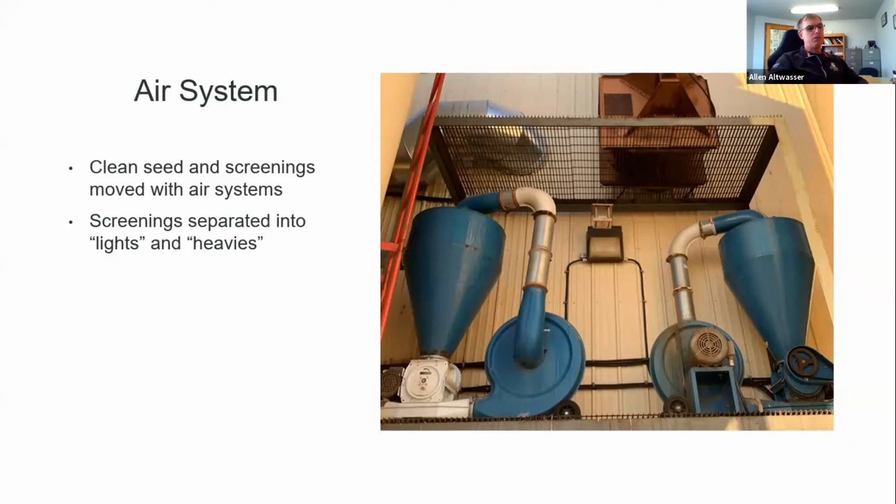Depending on the concentration in there, we'll send that out directly, or we can blend it off with some of our commercial grain that's going out too. That's how we're handling that. On our clean side too, I don't have a picture here, but we're using a dedicated air system and airlock for that too. So there's no mixing in any of the lines.